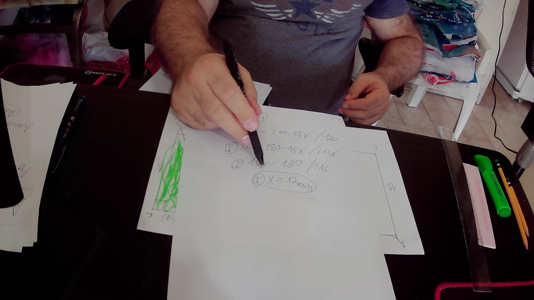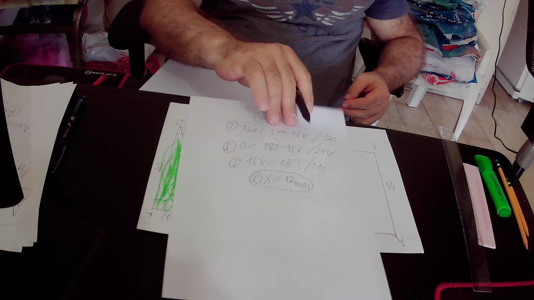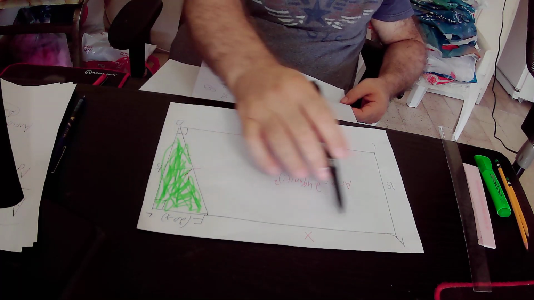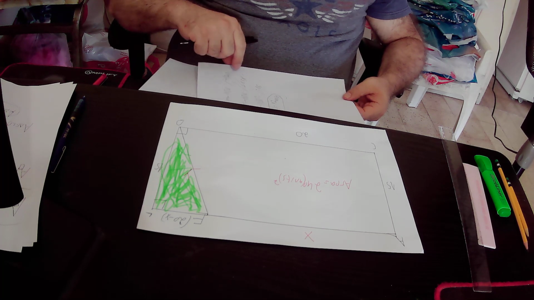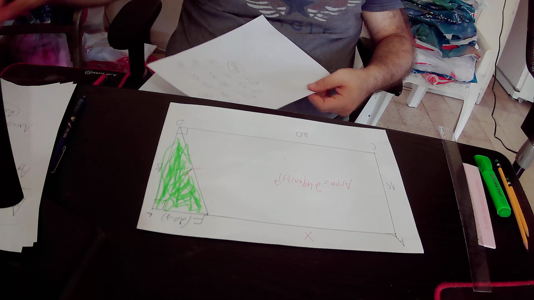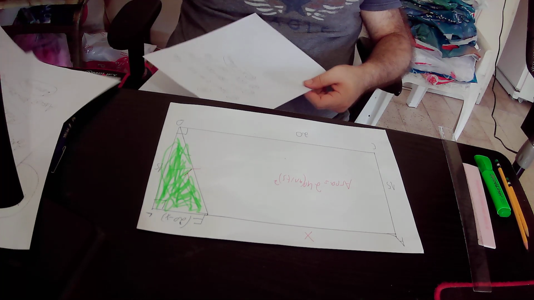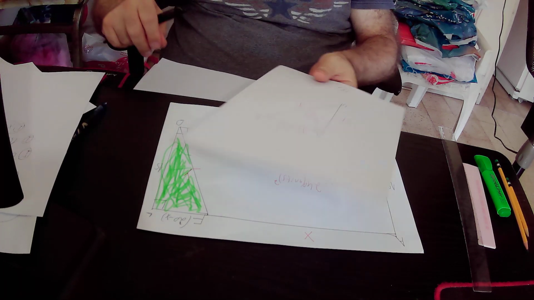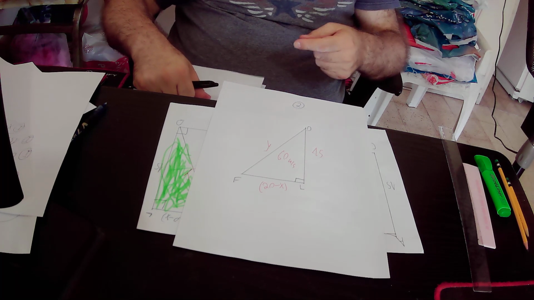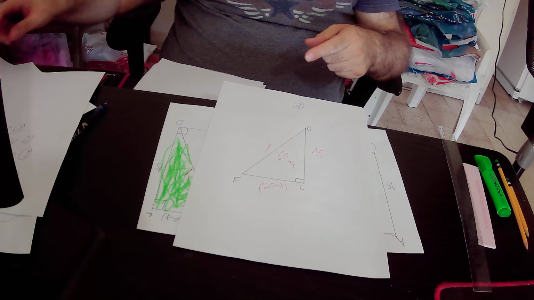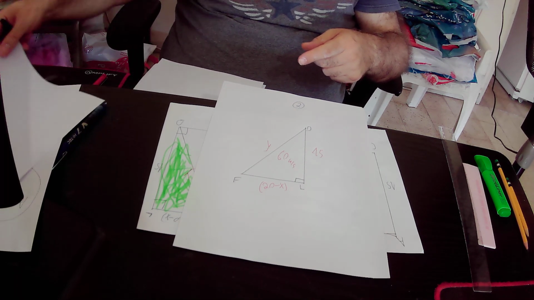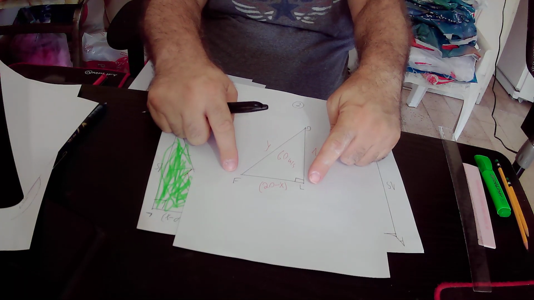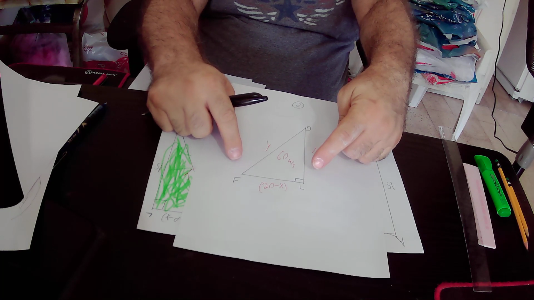So x equals 12 units. Now that we know x equals 12 units, we also know the size of FL, a side in this right triangle.